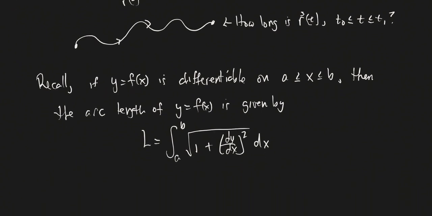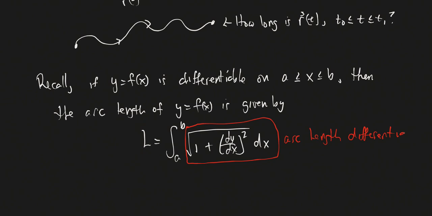Now, the thing that you integrate is called the arc length differential. In other words, it's the infinitesimally small lengths along this curve that the integral sums up to get the length of the full curve.